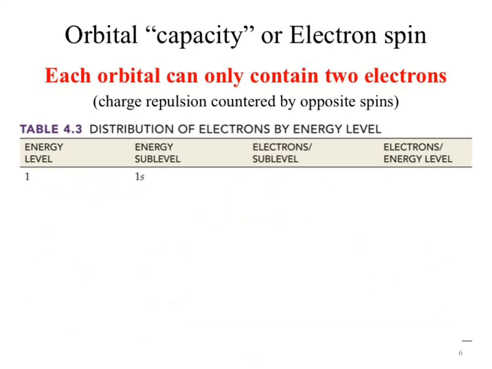So how many electrons can go into our s orbital, our energy level 1? We can only fit 2 electrons in there. So our electrons per sublevel and our electrons per energy level comes out at exactly 2. What happens when we move up to an energy level of 2?